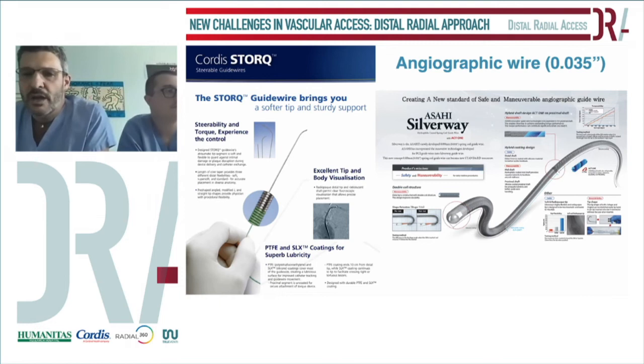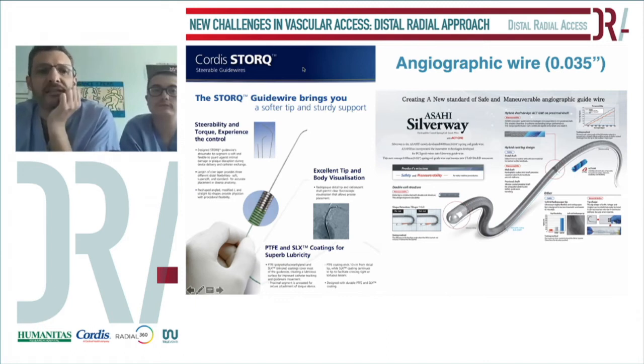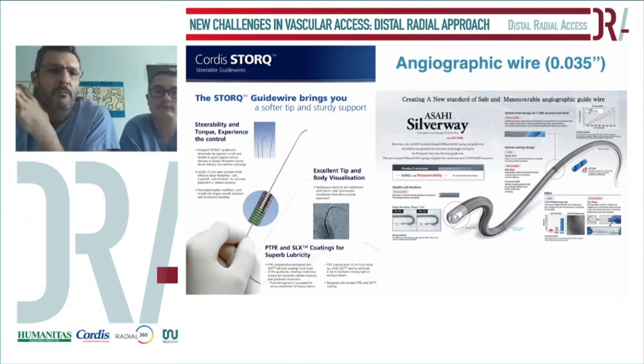So we have a great experience with these wires, mainly with the Cordis Stork wire, that is our default angiographic guide wire in case of tortuosity. Okay, we have a spring wire, the Emerald angiographic wire, the Cordis Stork wire, and also the polymeric angiographic guide wire, I mean from Terumo.